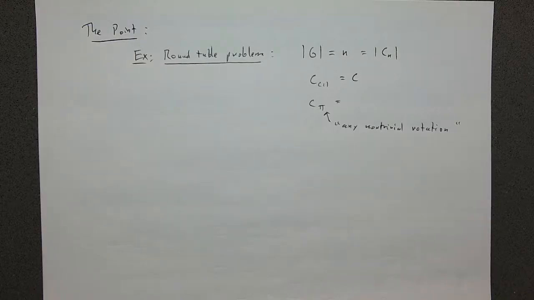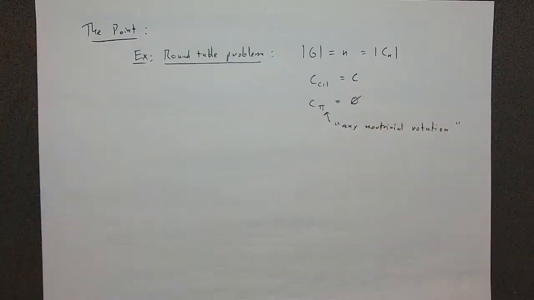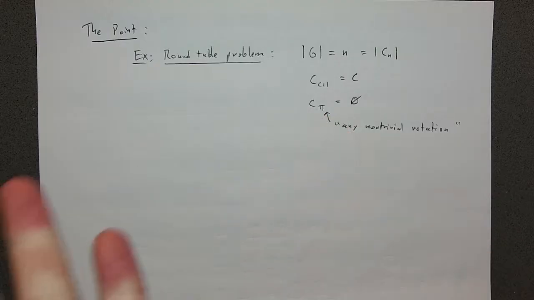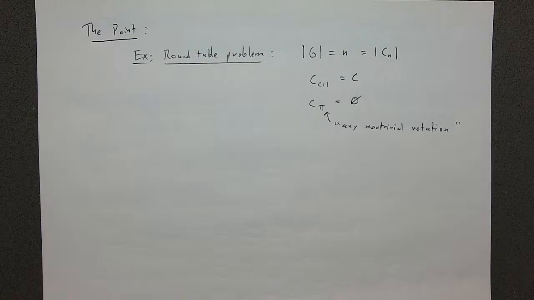So anything that rotates by some actual positive amount is empty. Why? Well, because such a permutation moves things. It is not going to fix anything here. It's going to be empty if this is non-trivial.